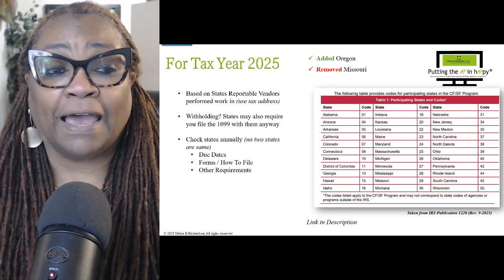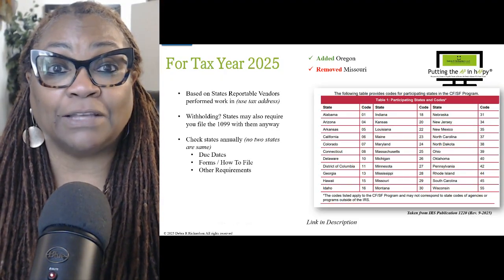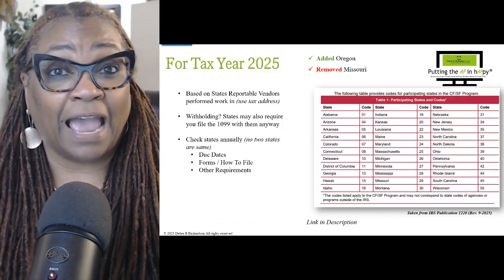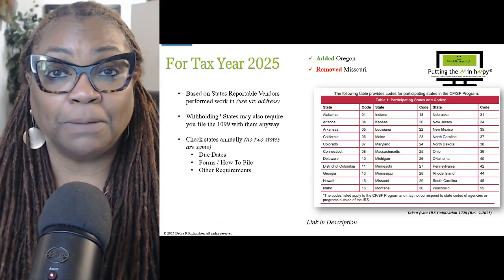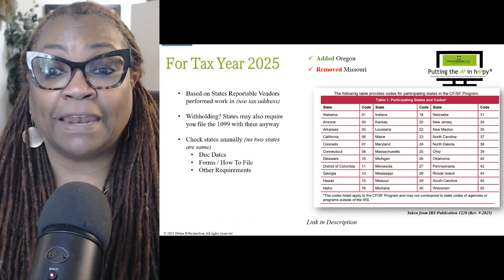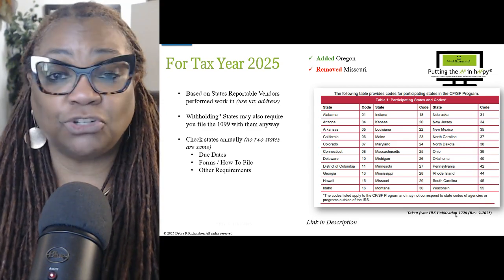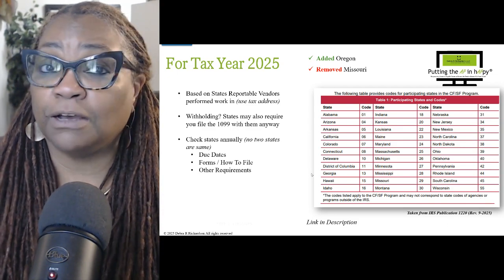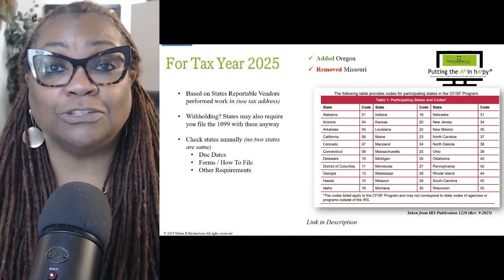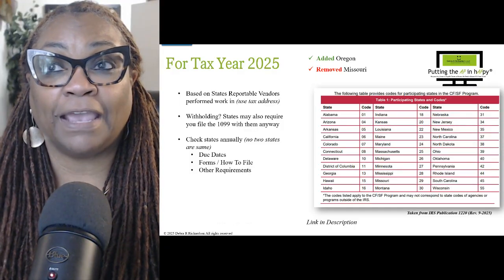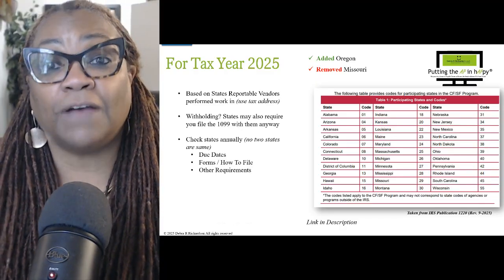Now, one thing that I do like to say, because one, no two states are the same, and two, sometimes the IRS gets it wrong. So you do need to make sure that you keep checking with Publication 1220. The one that I pulled this grid from was published September 2025, but a couple years back, I remember when they posted this grid for the states that participate, and they in error added a state that was not going to participate until the following tax year.